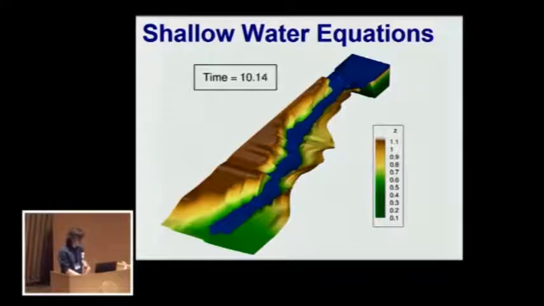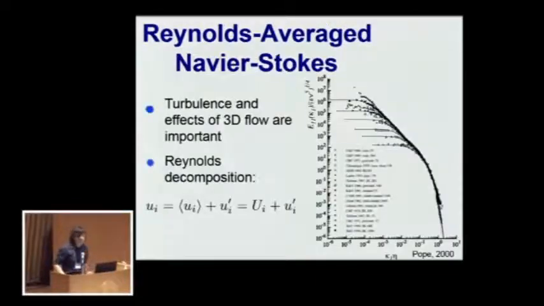This type of model works really well when the bulk quantities of the flow, like the slope, the sediment size distribution, and the discharge, are important. But when you need three-dimensional information of the flow, there's no way but to simulate turbulence, right? In that case, you need a three-dimensional model.